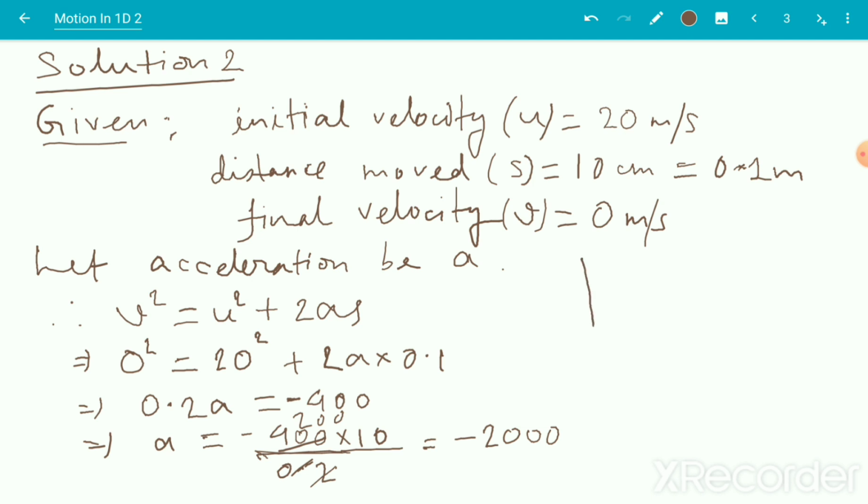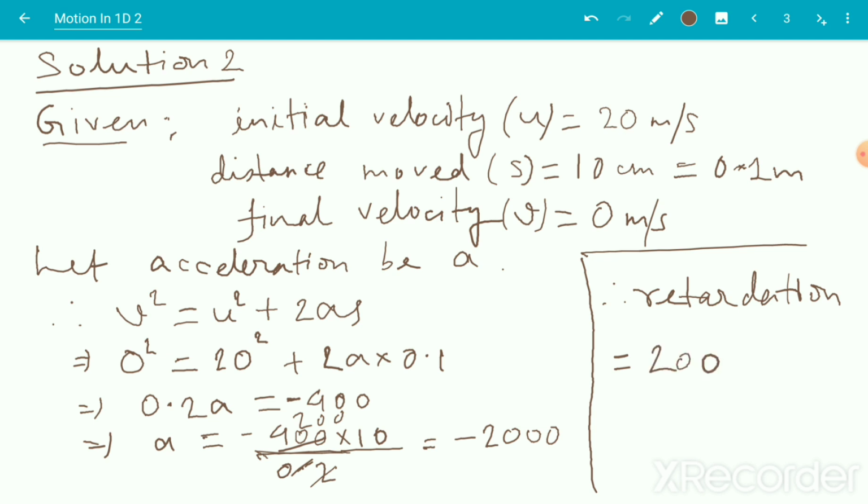As the acceleration turns out to be negative, the retardation that has to be found will be equal to the negative of the acceleration, and that is 2000 meter per second square. Okay, so I think the solution is clear.